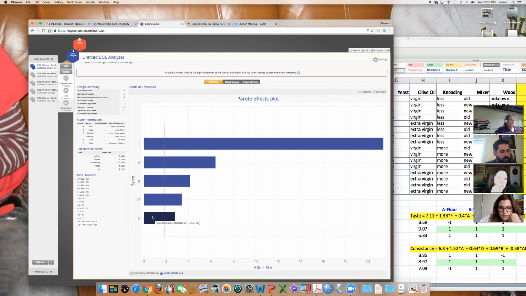One of the things we should look at: because the main effects are all aliased with three-way interactions, we can see where all the three-way interactions are that they're aliased with. Generally, we don't worry too much about three-way interactions. They're pretty rare.